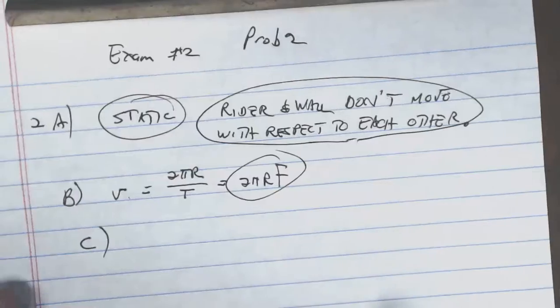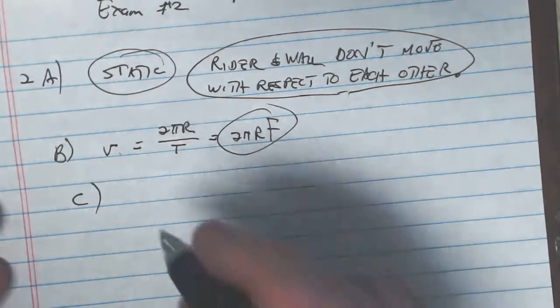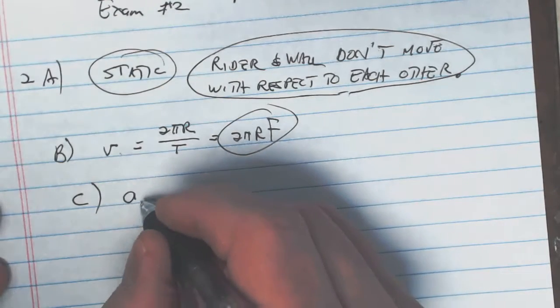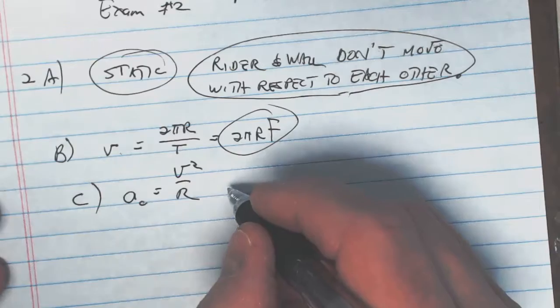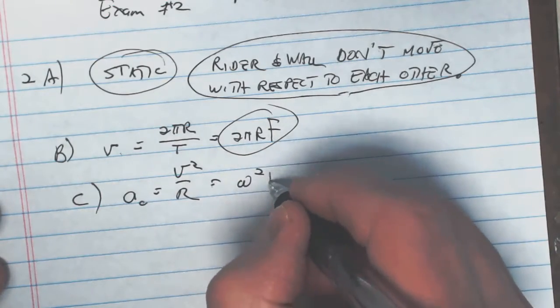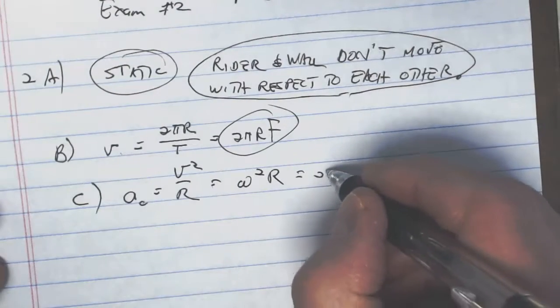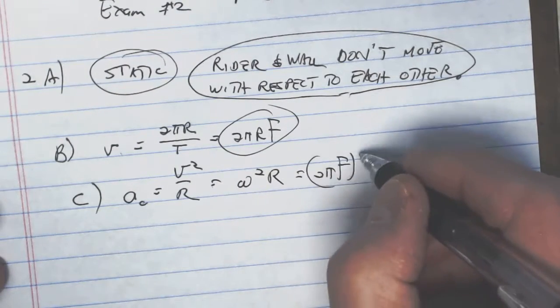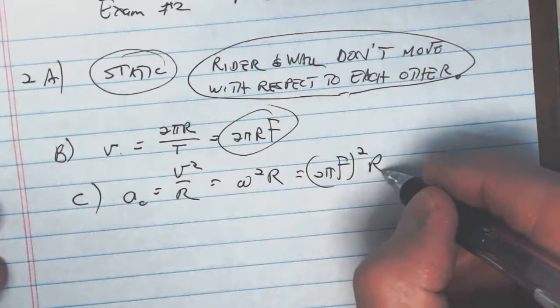Part C says, what's the centripetal acceleration of the riders? All you have to know there is that centripetal acceleration is v squared over r, or if you prefer, omega squared r. I like this form, but either one is fine. Omega equals 2 pi f, squared, again from the formula sheet if you don't know it yet, but you will later this semester.